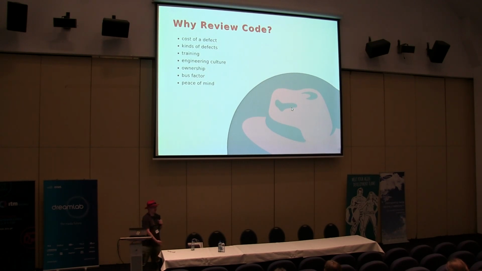Next thing, training. If you make new junior engineers review code written by senior engineers, they will pick up good patterns, good practices from that code, and they will learn fast. On the other hand, if you make the senior engineers review code of the junior engineers, the junior engineers still learn because the senior engineers will point out their mistakes.